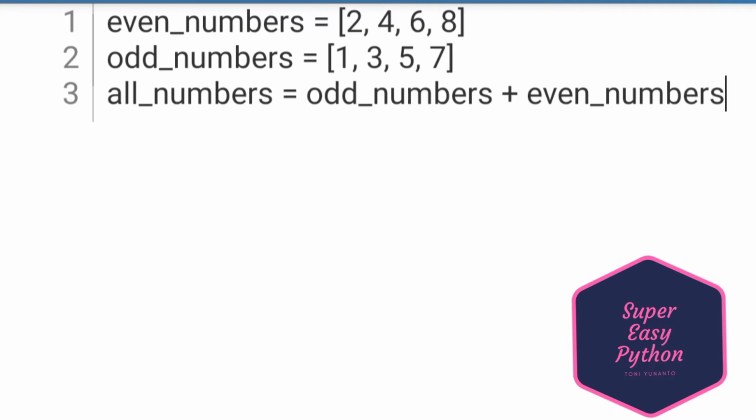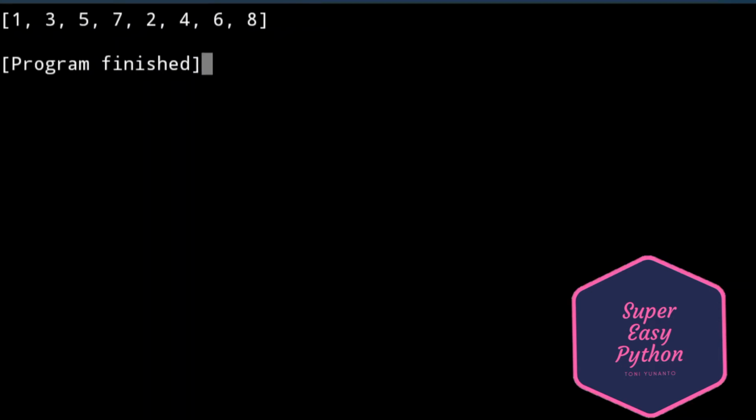Yes, when we make the addition by combining those two variables, odd numbers and even numbers, and then we call it out by using the command print, all_numbers in the bracket. Yes, as you expected, it will be 1, 3, 5, 7, 2, 4, 6, 8. The combination of odd numbers and even numbers.